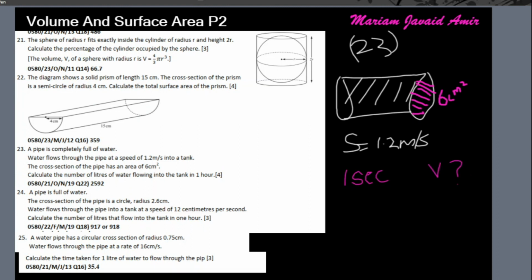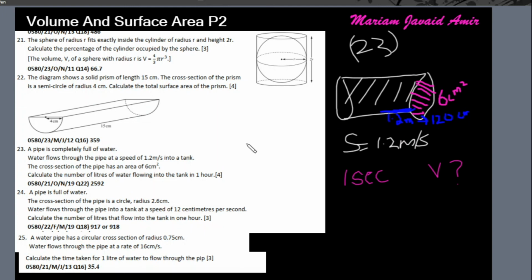In 1 second, 1.2 meters is being covered by the water. Let's change this into centimeters because we have a unit conflict otherwise. So multiply this by 100, and we get 120 centimeters.